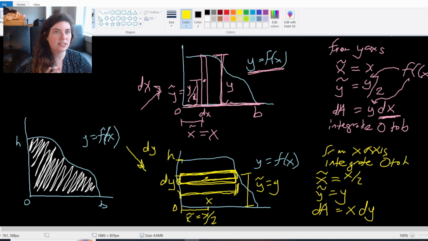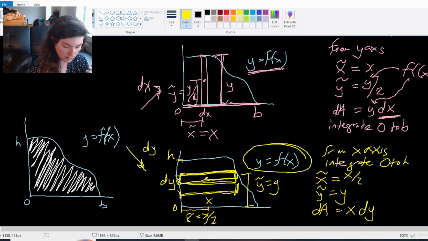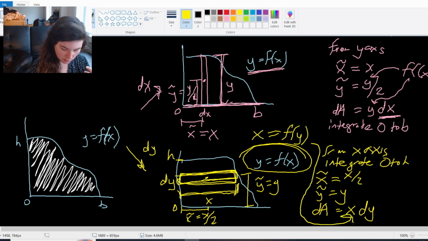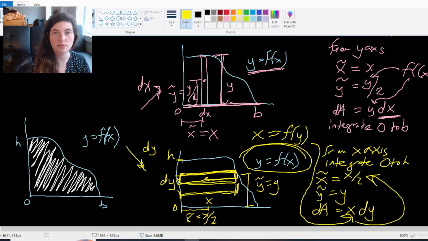So now everything has kind of become inverted, where I need everything in terms of dy. I would need to rearrange this function to be x as a function of y to plug into my x's here, so that I can get everything in terms of dy and then perform the integration. So that's our basic steps for this.